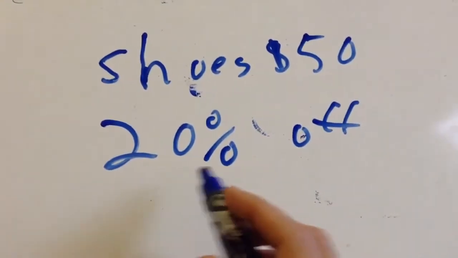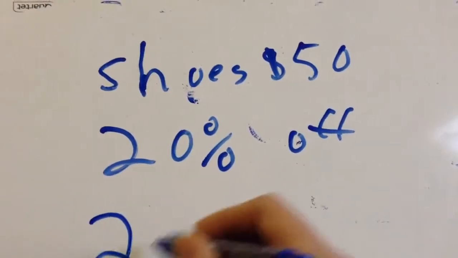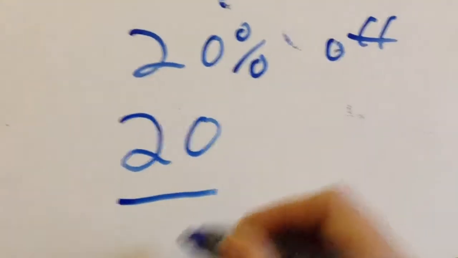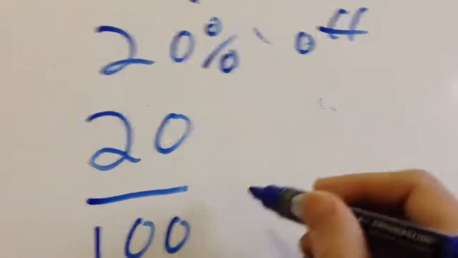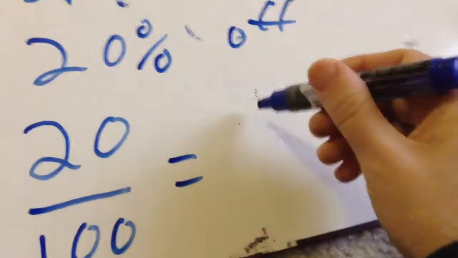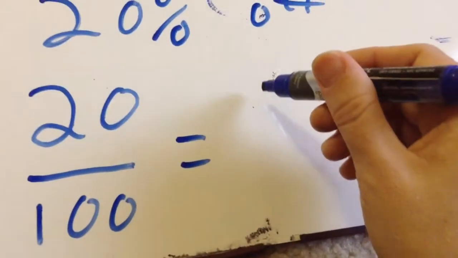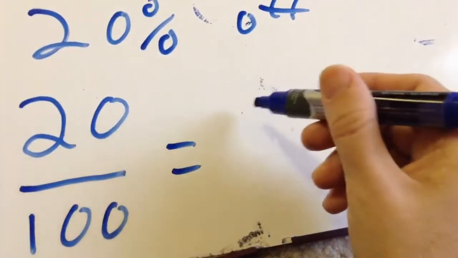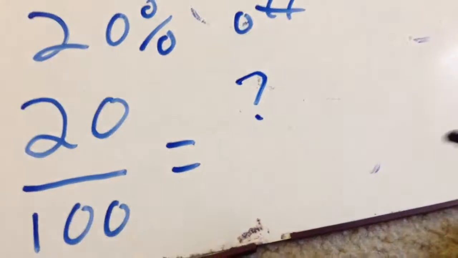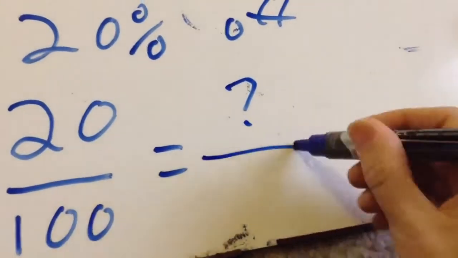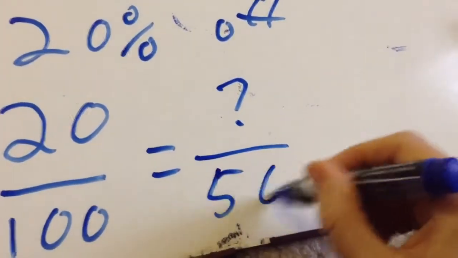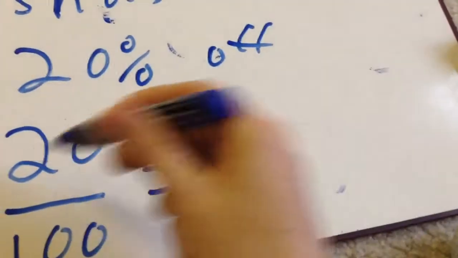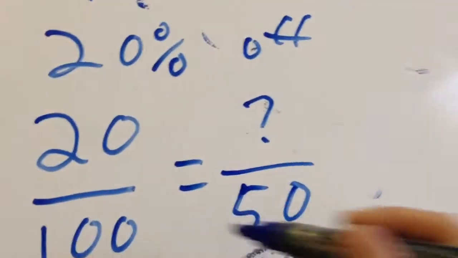We know that this number is going to go on top, 20%. Again, this is the smaller number. This is going to be the number that we don't know. We don't know how much 20% is yet because we haven't figured it out, so that's going to be a question mark. But we do know that the shoes cost $50. Again, the smaller numbers are on top, the bigger numbers are on the bottom.